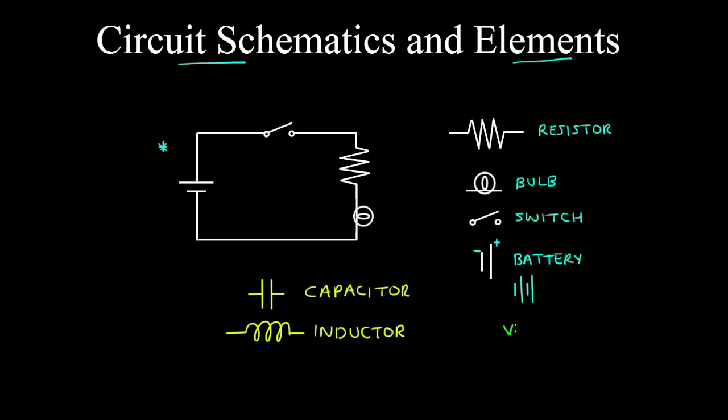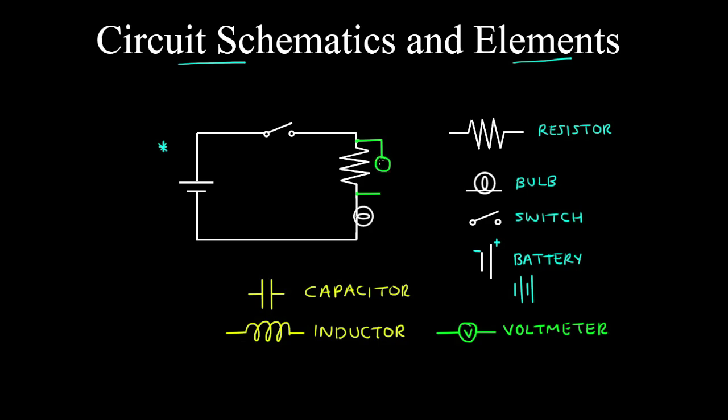And we'll also have measuring devices, such as a voltmeter, which is represented schematically using a circle with a symbol V. So this is used to measure the potential difference between 2 points.